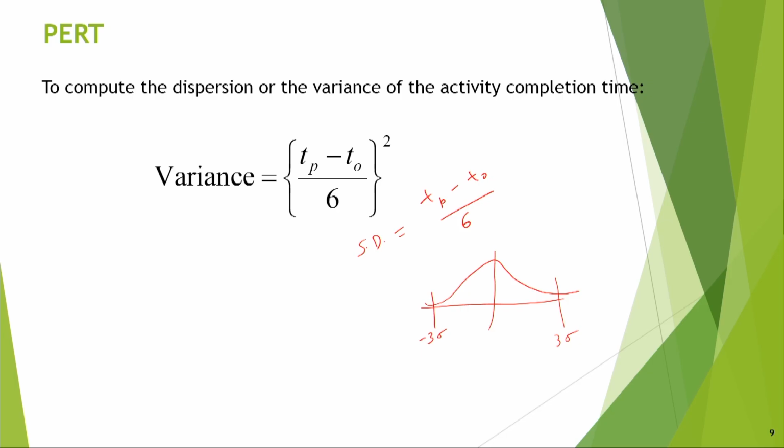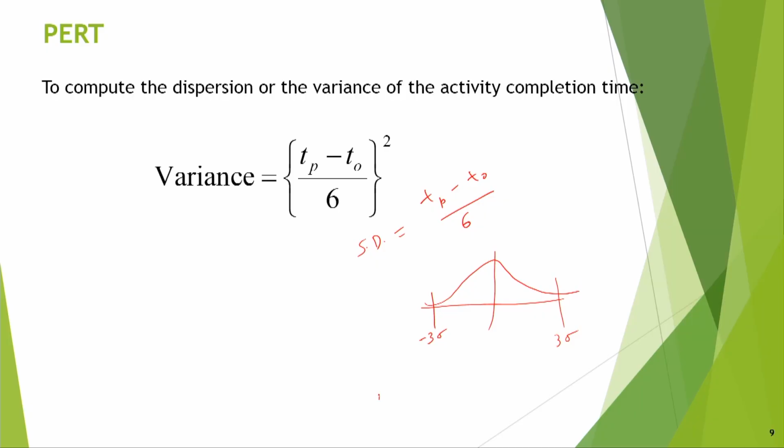And then, suppose in a critical path you have the variances of each activity, then the total variance will be the sum of the variances. So, the standard deviation will follow a Pythagorean type of rule.